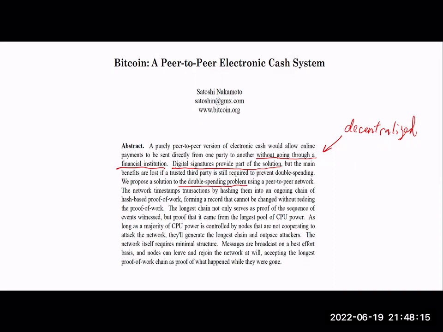And two is a new consensus protocol that solves the double spending problem. Okay, so I'll explain what that means. And the key technology used here is the notion of proof of work and the longest chain. All these words we'll explain in the next 45 minutes, 1 hour.